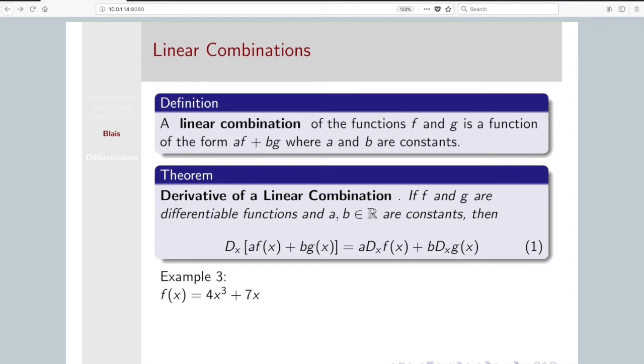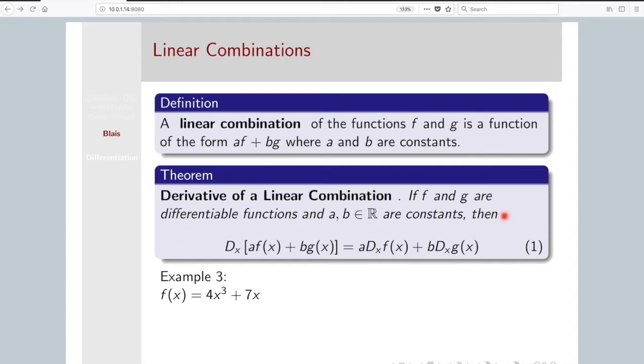the next step is to think about linear combinations. Linear combinations of functions. By definition, we have two functions, f and g. A linear combination is just a new function where you can scale each of the originals by a constant and then add them.